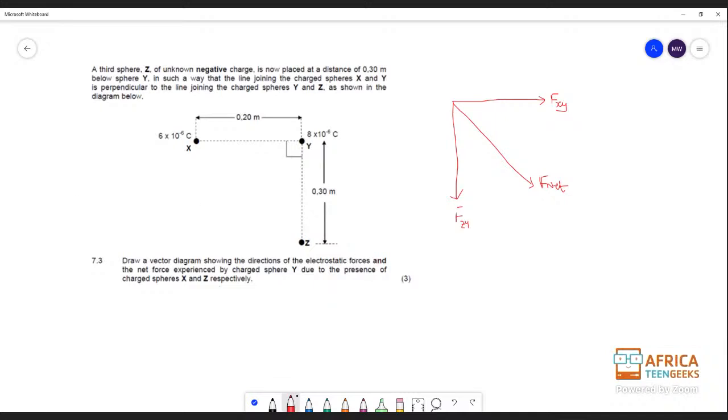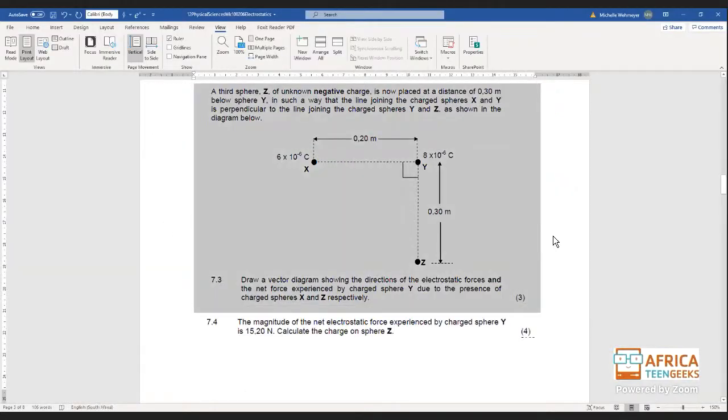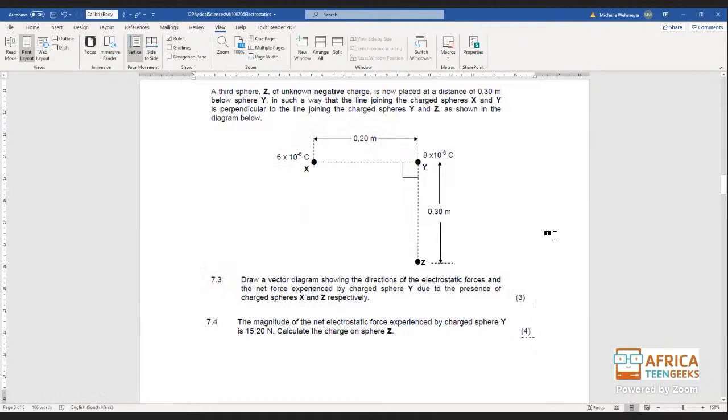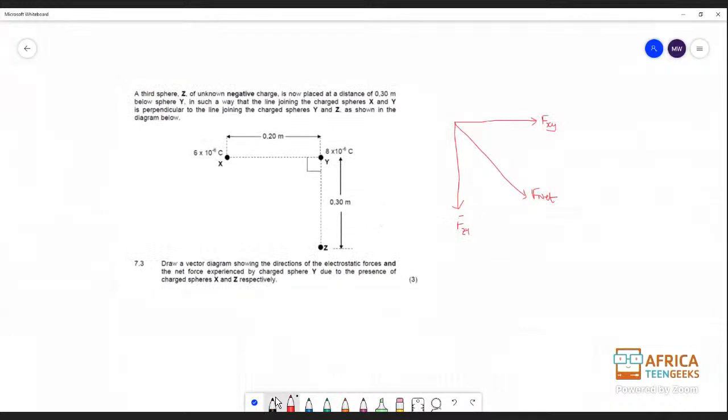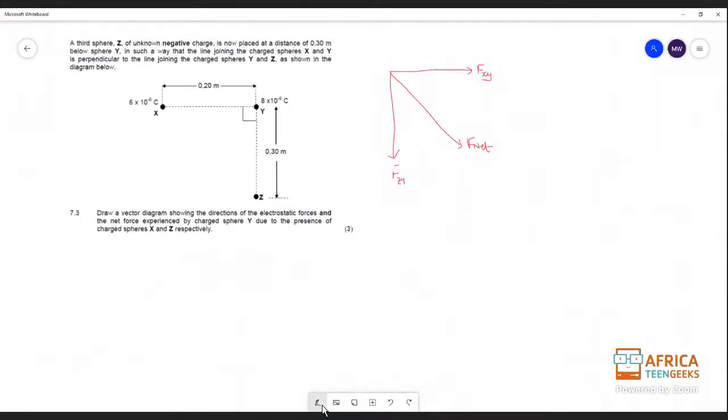Okay, cool. Then they ask us the magnitude of the net electrostatic force experienced by charged spheres Y is 15.2 newtons. Calculate the charge on sphere Z. Okay, so we are using our Pythagoras Theorem because you are still working with the same situation.